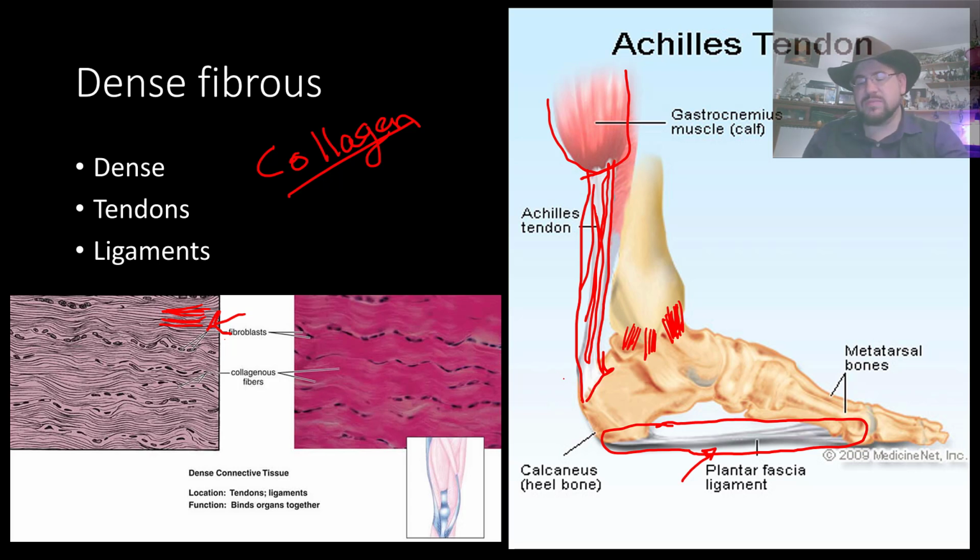So you're going to have ligaments connecting bone to bone and tendons connecting muscle to bone, and they are composed of this dense fibrous connective tissue with massive amounts of collagen because it is thick, it is strong, it's flexible enough that it can move as the joints rearrange, and it is strong enough that it resists pulling forces so that it doesn't collapse or overextend.